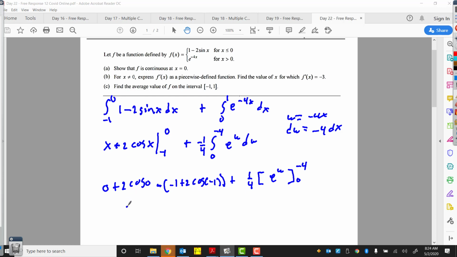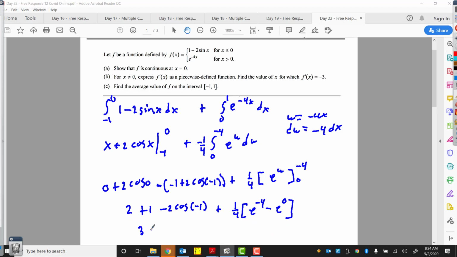Cosine of 0 is 1, so this is 2. Minus negative 1 is plus 1. Minus 2 cosine of negative 1. Plus 1/4 times, we'll set this one up, 1/4 e to the negative 4 minus e to the 0.